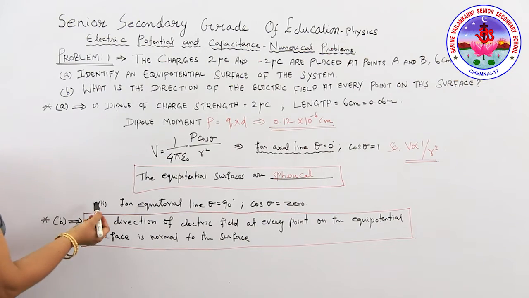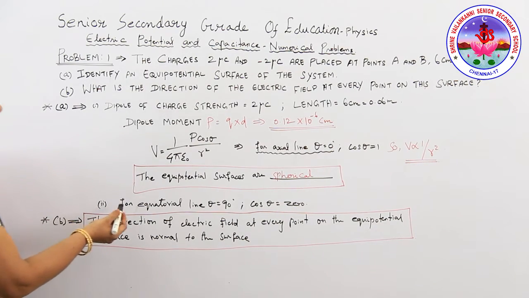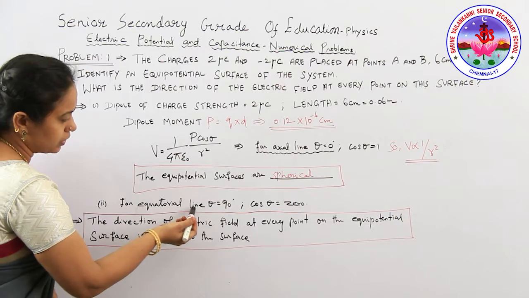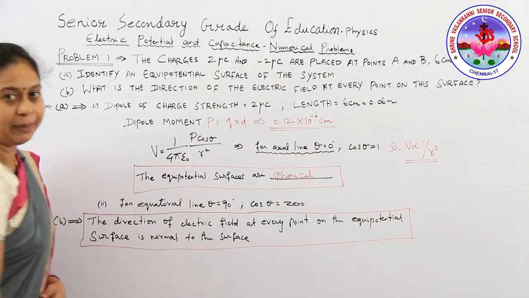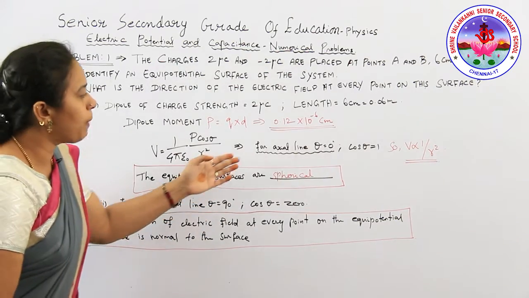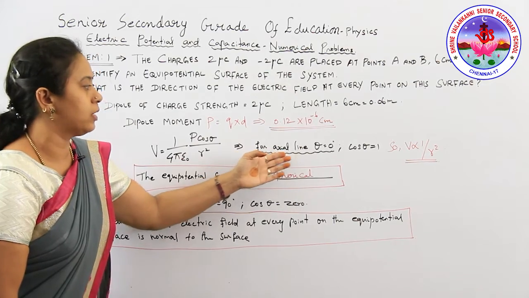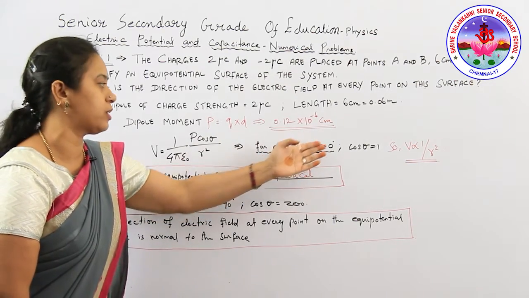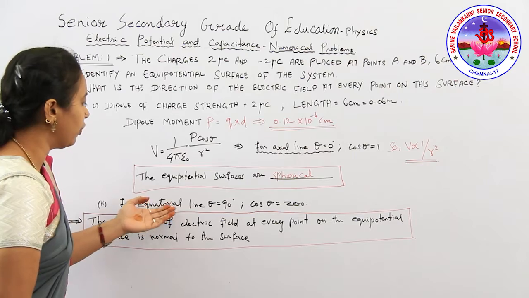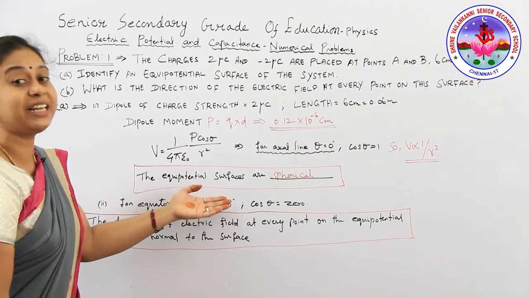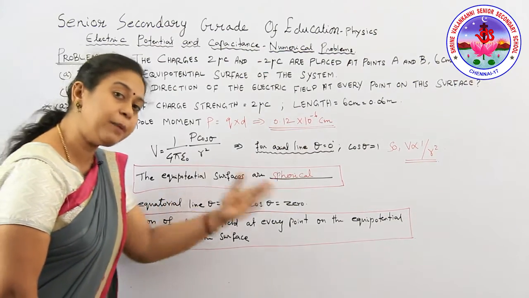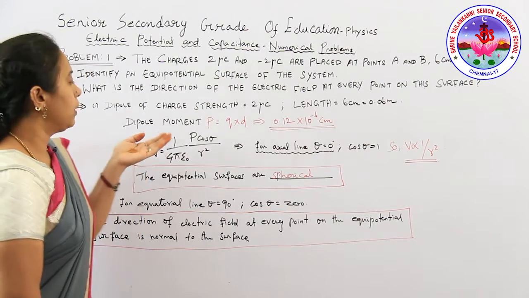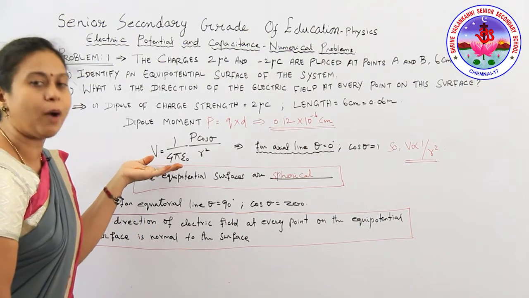Got it? The second thing we have to take is the equatorial line, theta equal to 90 degree. To know about these things clearly, the axial line theta equal to 0 degree and the equatorial line theta equal to 90 degree, we have explained in the previous sessions about these base formulas.